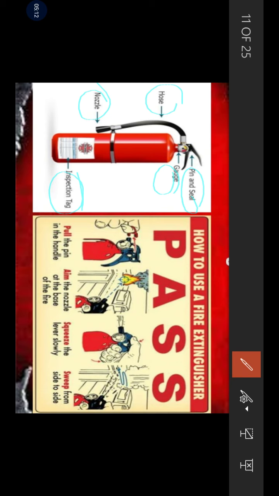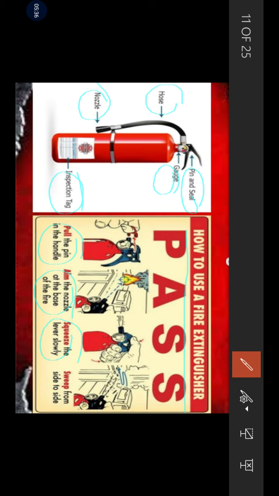In this diagram, how can we use the fire extinguisher? The first one is pull the pin in the handle. Second, aim the nozzle at the base of the fire. The third one, squeeze the lever slowly.